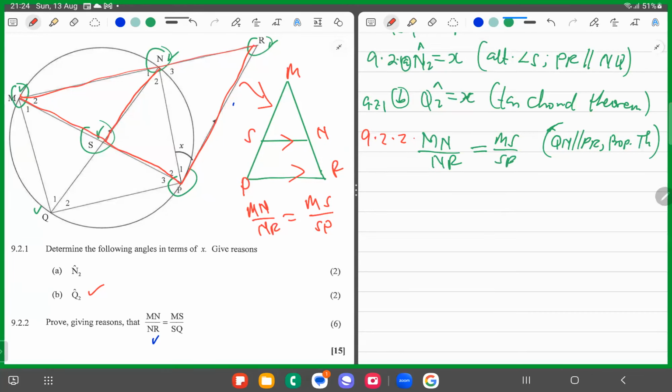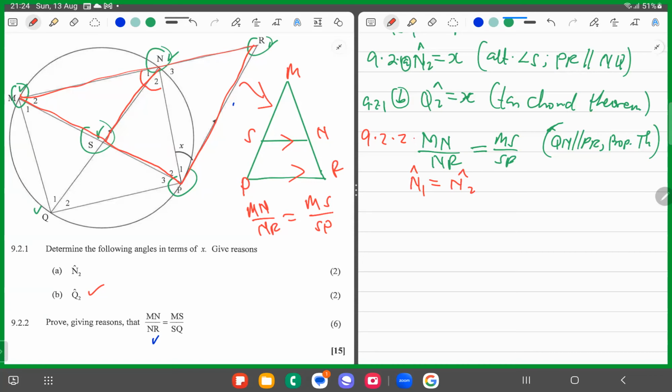So after these, you have N1, N2. We make the observation that angle N1 is equal to angle N2 because we're told that there's bisection.